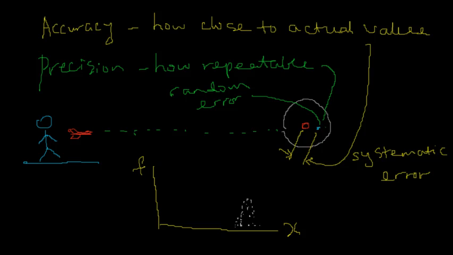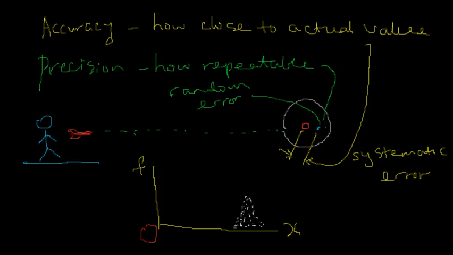Now we might end up with a graph that looks like this, where all his aims are centered very closely around a certain distance from the bullseye, and the bullseye is there. So that's the bullseye. All right. And because all his aims land very close together, we say that it's very precise, because it is very repeatable. They're all very close to the same spots.